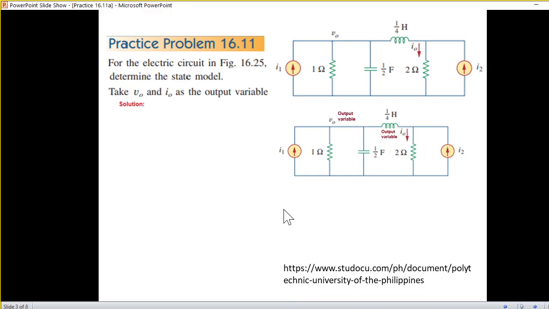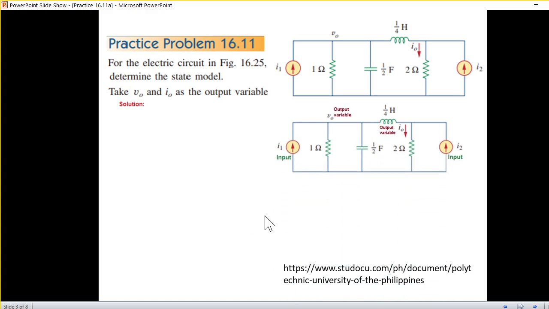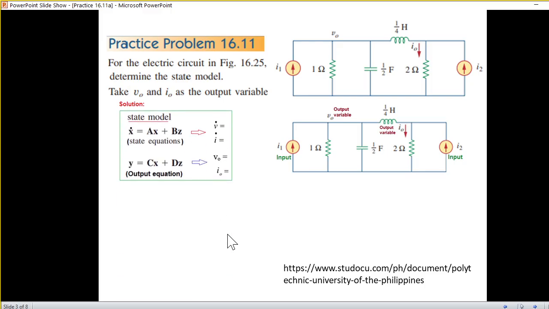Okay, a couple of things I have done in this circuit. First of all, I marked the output variables V0 and I0, and I have also marked the two inputs, I1 and I2.